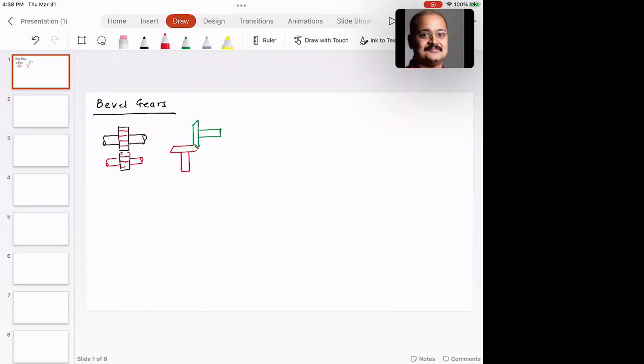They can be at an angle, but the shafts would not be parallel. The shafts would be intersecting. And the angle of intersection could be anywhere between 10 degrees to 90 degrees. So these are called bevel gears.